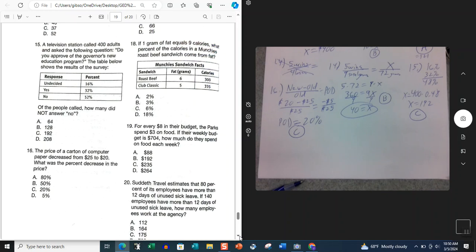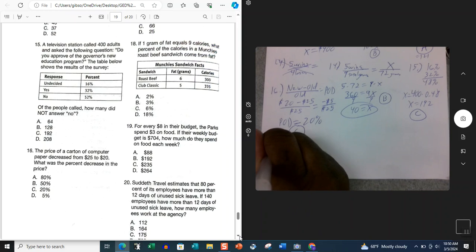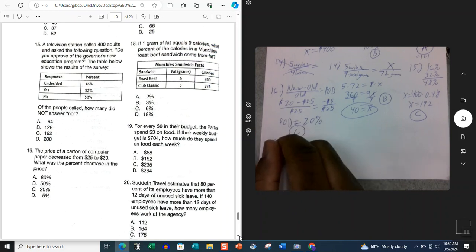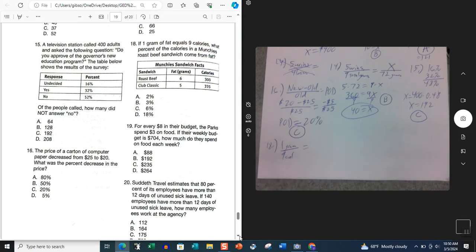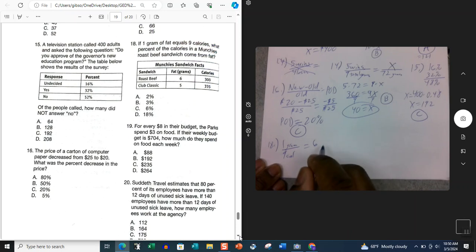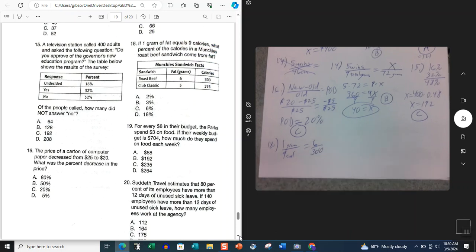So let's take a look at that. 18, it says 1 gram of fat is 9 calories. So we can make this into a proportion. So we'll go grams of fat. We're going with the roast beef sandwich. So 6 grams of fat over 300 calories.